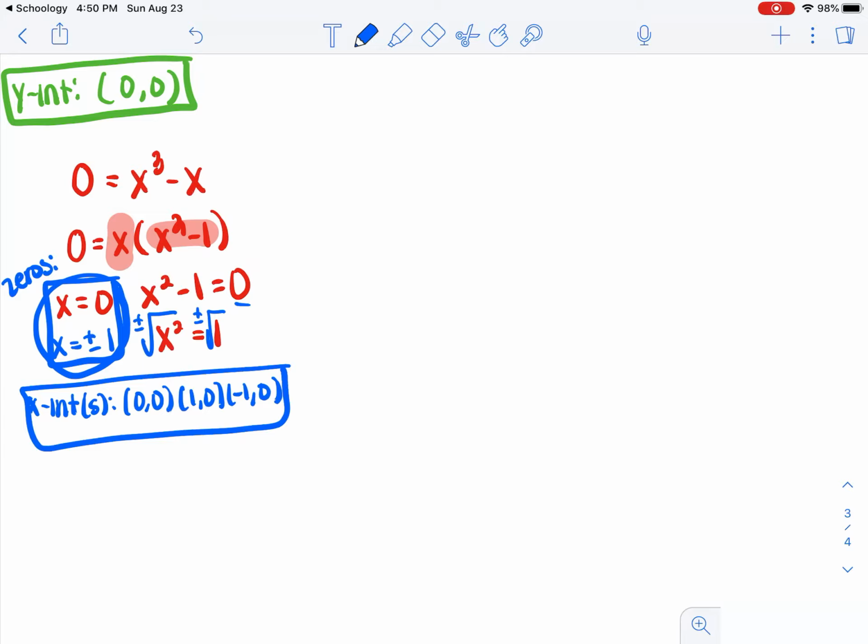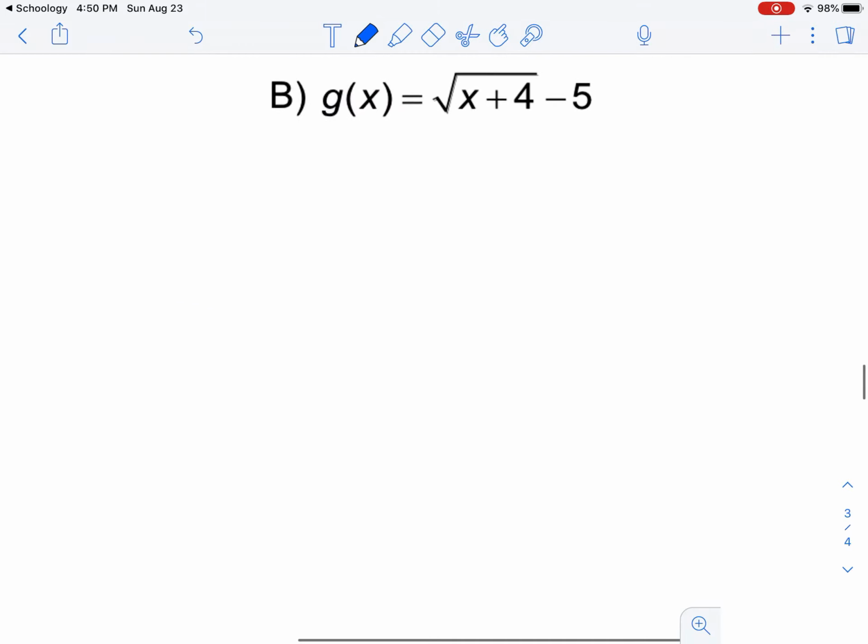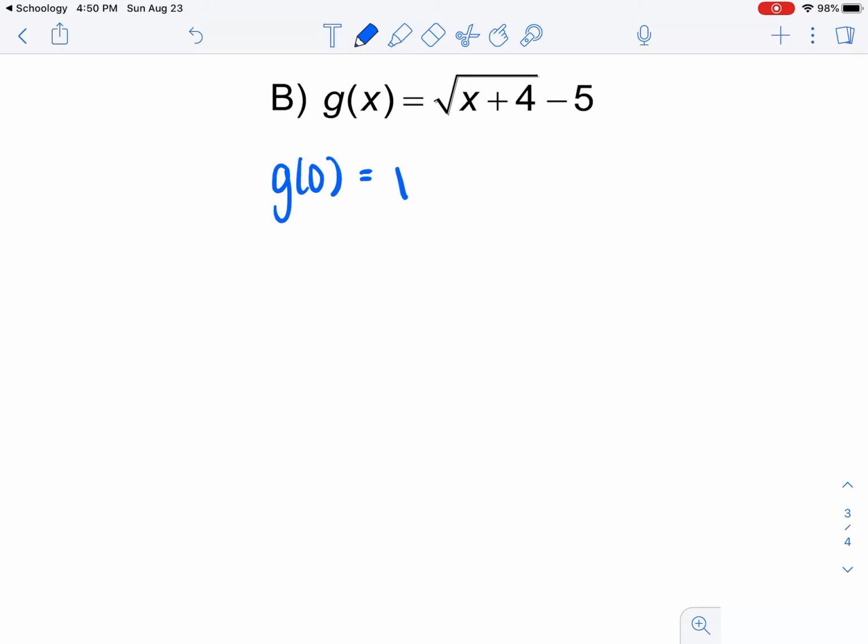All right, that's it for the first one. All right, second one, it's good practice. It's a square root function. So I want to find my y-intercept. So I'm going to plug in 0 for x. So I have square root of 0 plus 4 and then minus 5. 0 plus 4 is 4. Square root of 4 is 2.